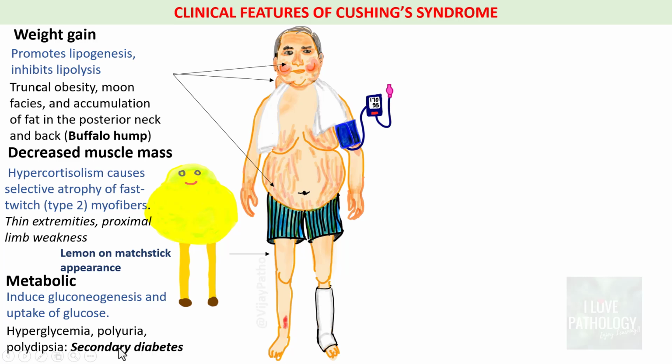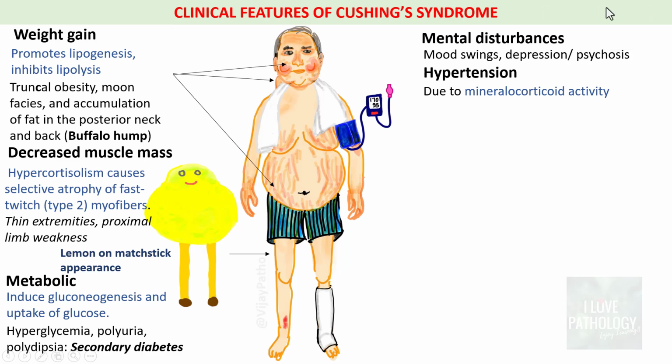So that is secondary diabetes. So Cushing syndrome is another cause for secondary diabetes. Now, hypertension in cases of Cushing syndrome is because these glucocorticoids also have some amount of mineralocorticoid activity. That's why these patients manifest with increased blood pressure.